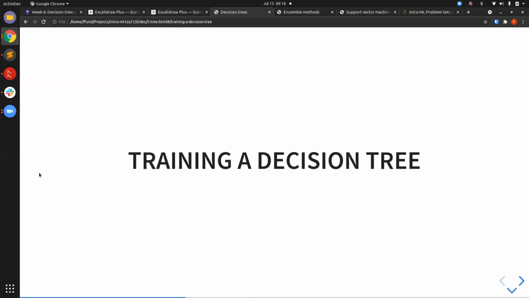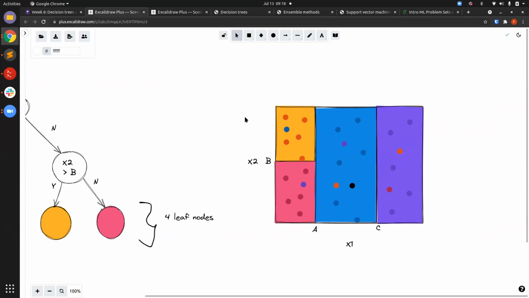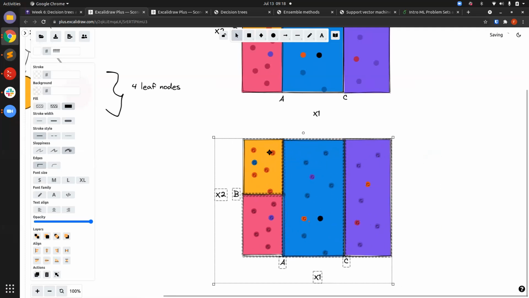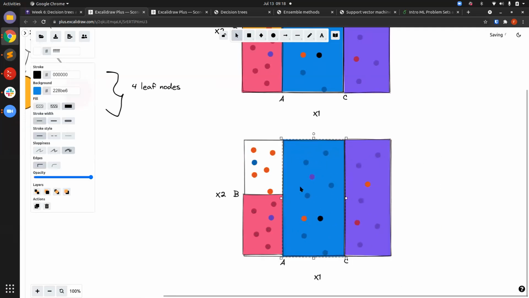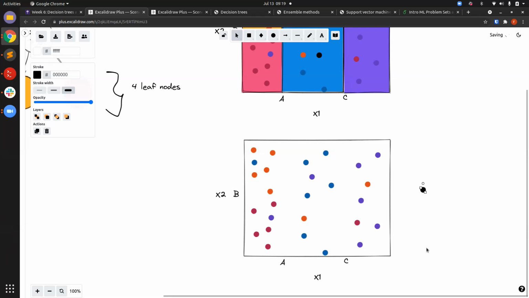Okay, so how do we train a decision tree? Suppose I have these samples here, but obviously I don't have the regions, and this was our test sample.